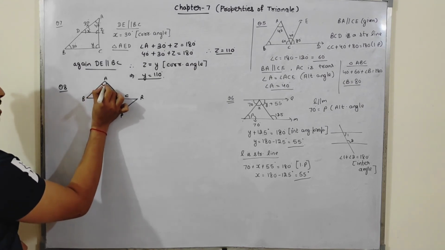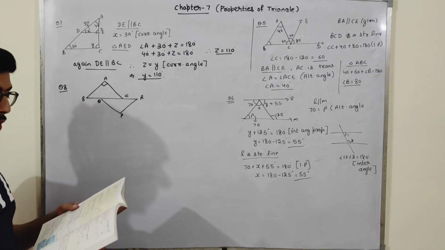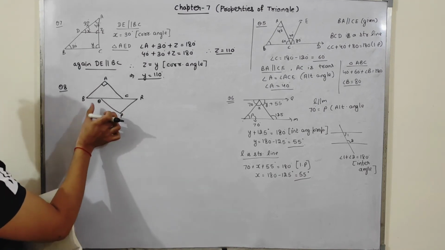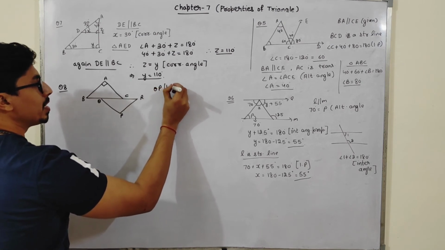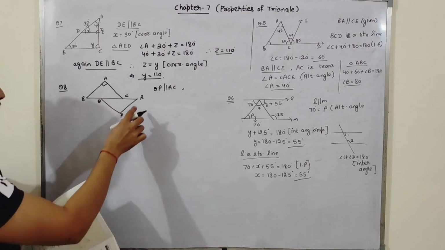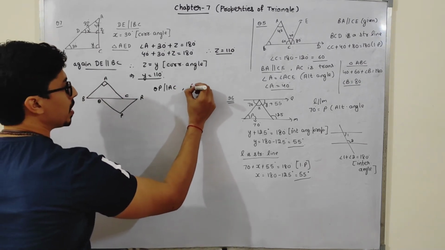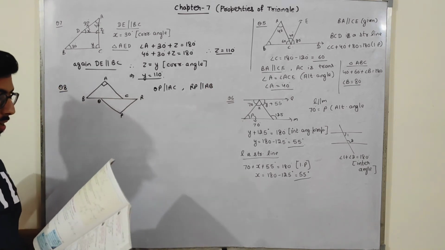See, this is a right angle that is given to us. Q and R are the points such that QP is parallel to AC. It is given to us. One more thing, students. RP is parallel to AB. It is also given to us.